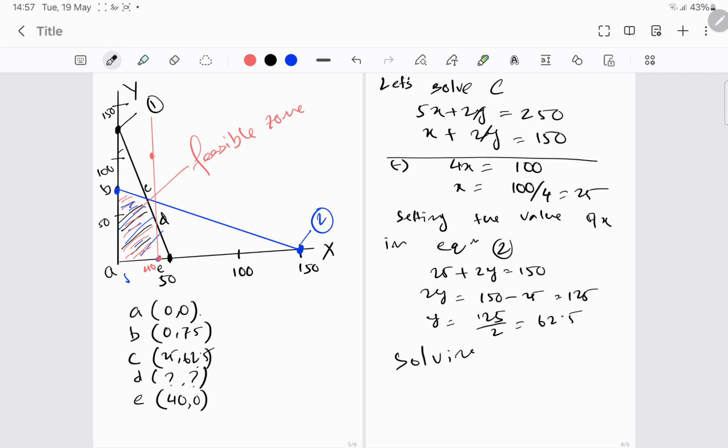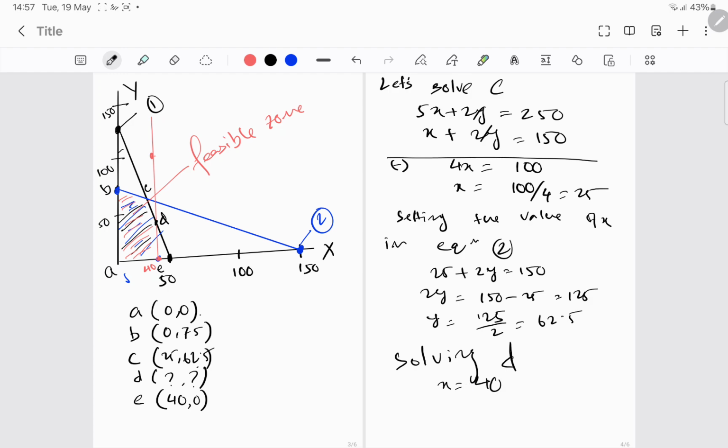In the same way, we have to solve D, but solving D is easier actually, because D is the intersection between equation 1 and equation 3. Equation 3 is just x equal 40.